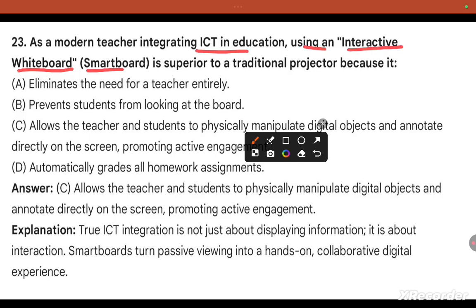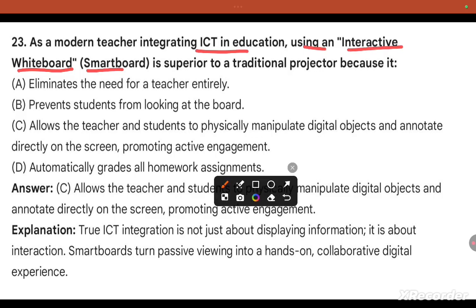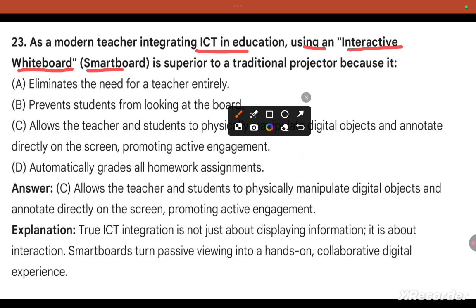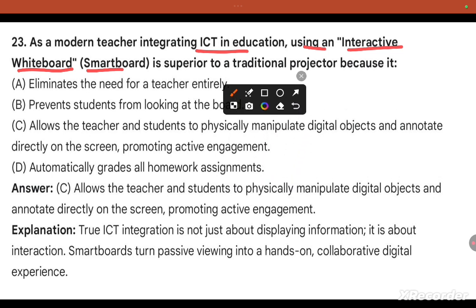B. Prevents students from looking at the board. C. Allows the teacher and student to physically manipulate digital objects and annotate directly on the screen, promoting active engagement. D. Automatically grades all homework assignments. So here is the answer, that is C.